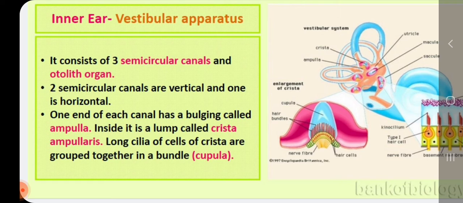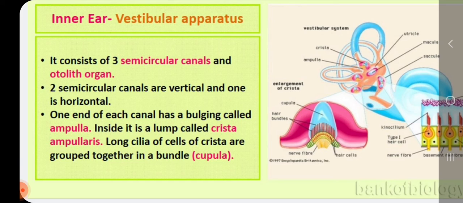Okay, the membranous canals are suspended in the perilymph of the bony canals. The base of the canal is swollen, and that swollen part of the canal is called the ampulla, which contains a ridge, and that projecting ridge is called the crista ampullaris.